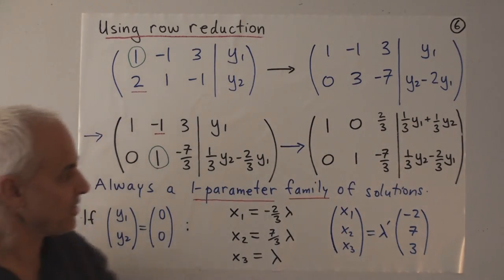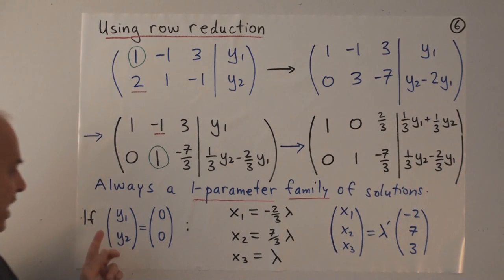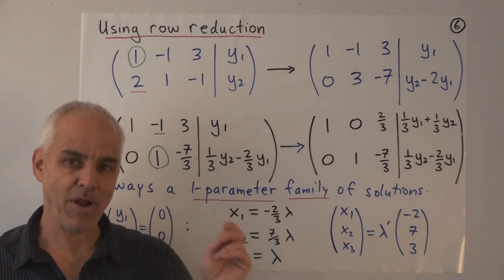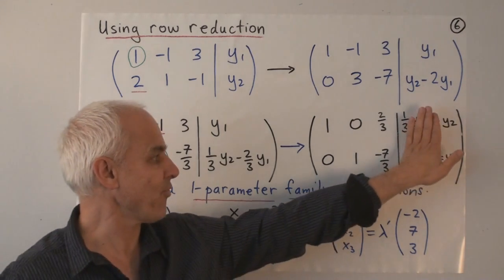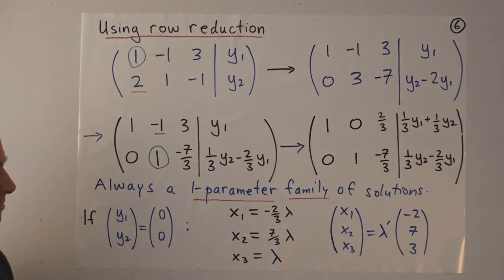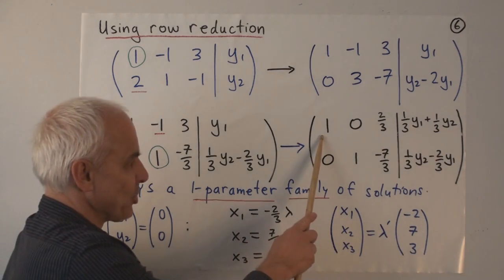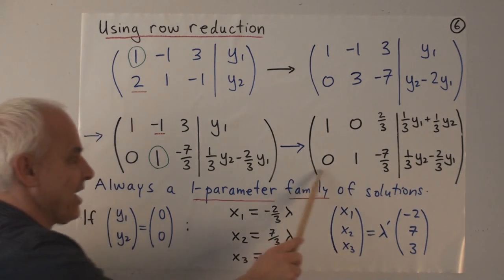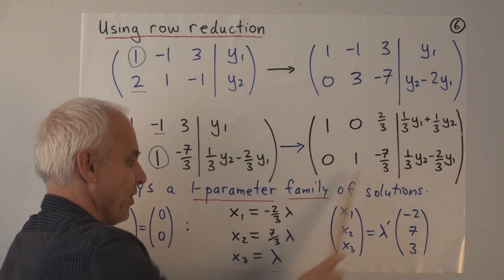Now, to make life a little bit easier, let's just have a look at the special case when y1 and y2 is the 0 vector. When y1 and y2 are both 0, so that what's on the right-hand side is 0, 0. In that case, the solution reads x1 equals minus 2/3 lambda, and x2 equals 7/3 lambda.